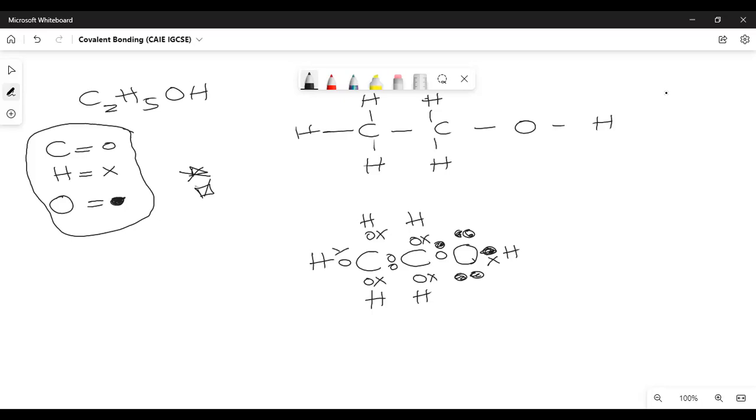We have already drawn a boundary line that at most what you're going to get is a structure with 3 different atoms. Okay.